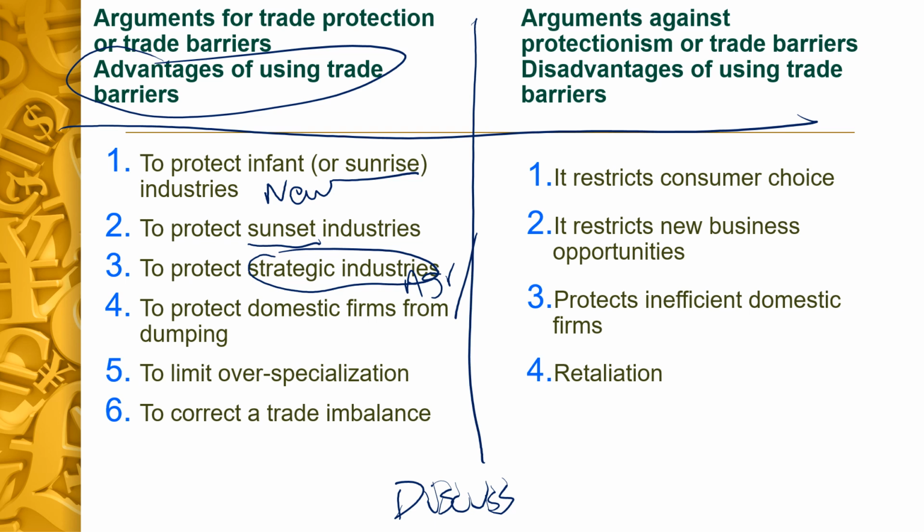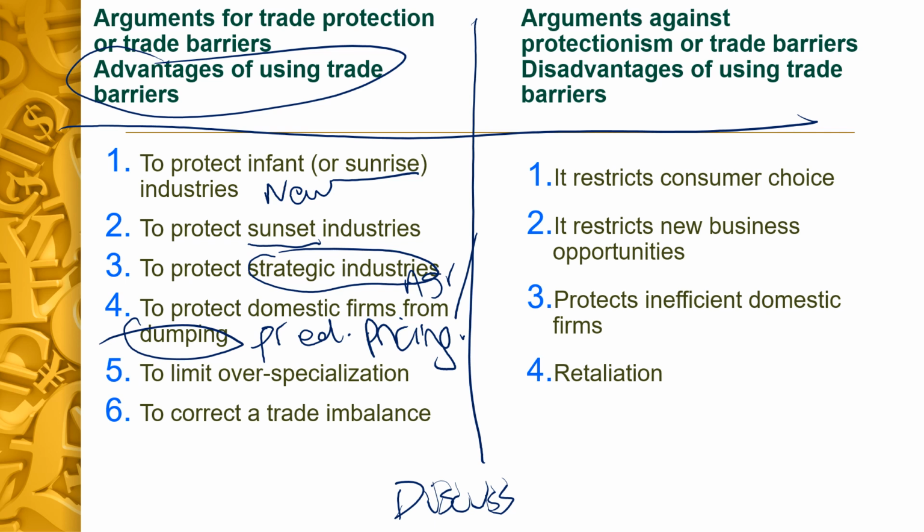The fourth one would be to protect the domestic firms from something known as dumping. Dumping is a form of predatory pricing. We took it in previous lessons. It involves one country flooding another with a product at a price significantly below its market price to force the rival producers out of business.